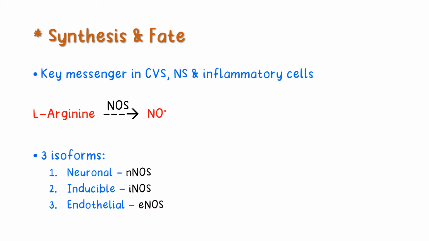This nitric oxide synthase enzyme has three isoforms, namely neuronal, inducible and endothelial, out of which the neuronal and endothelial isoforms are constitutive and calcium calmodulin dependent for their activation, while the inducible isoform, as the name suggests, can be induced by inflammatory cytokines and is directly active.